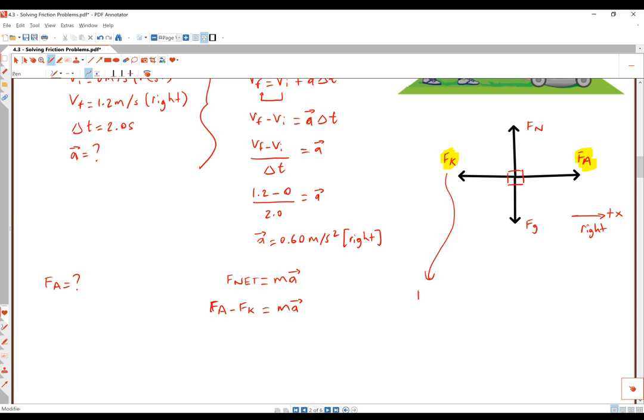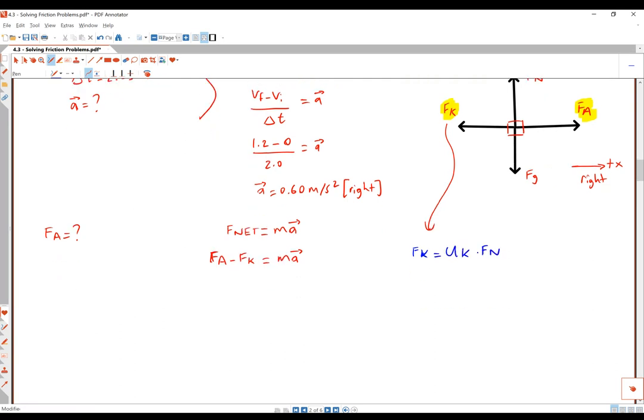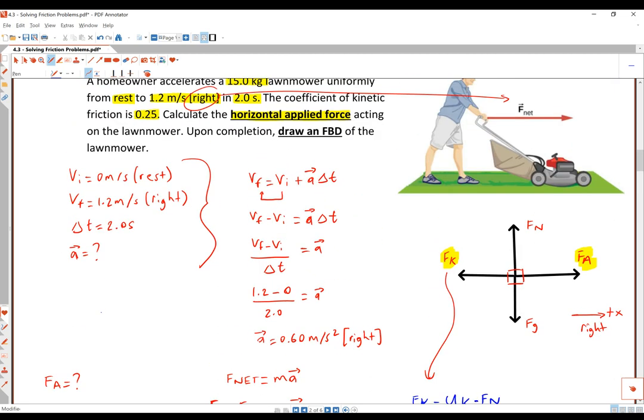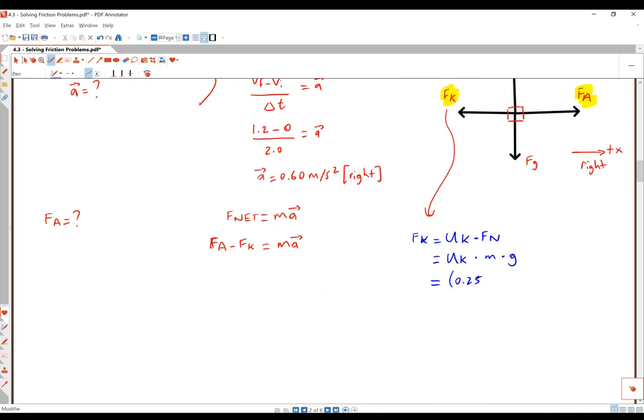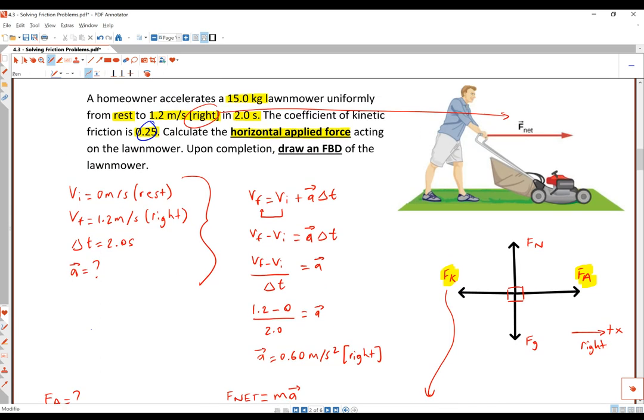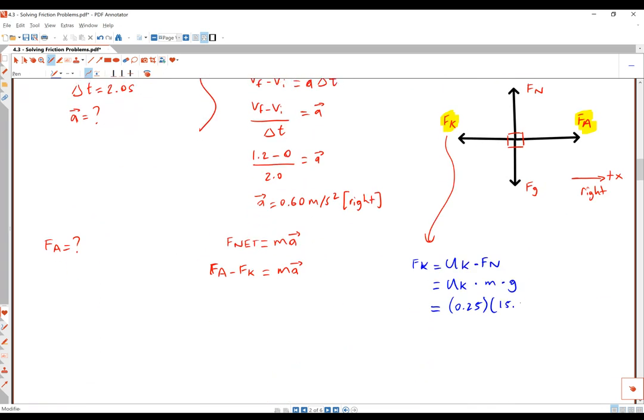In order to calculate kinetic friction, the formula is mu k multiplied by normal force. Normal force is opposite of gravity, so that is going to be m times g. Now you can plug in our values. Our mu k value is 0.25, multiplied by the mass of the object, which is 15 kilograms, multiplied by gravity, which is 9.8.